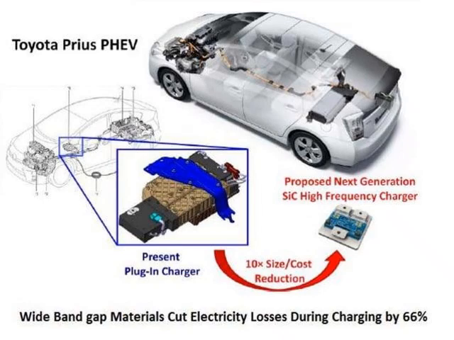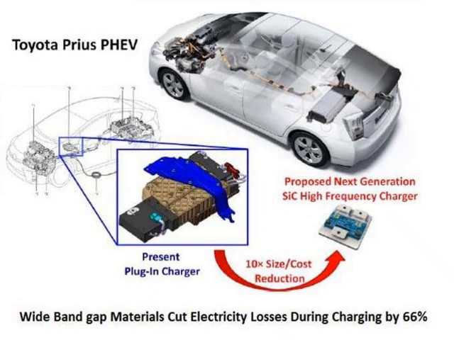So cost as well as size for the EV, that is electric vehicles, for Toyota as well as for Tesla, can be reduced with the help of a silicon carbide high frequency charger in the next generation.